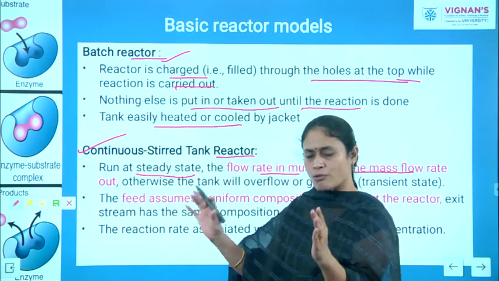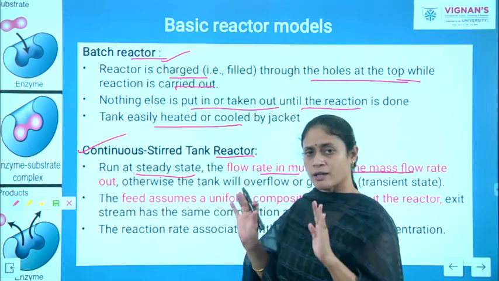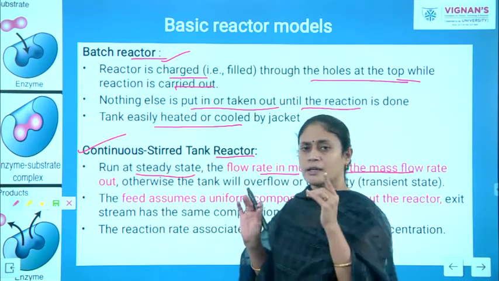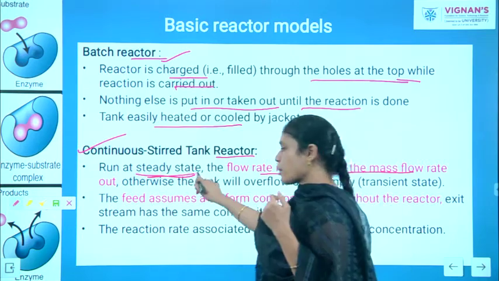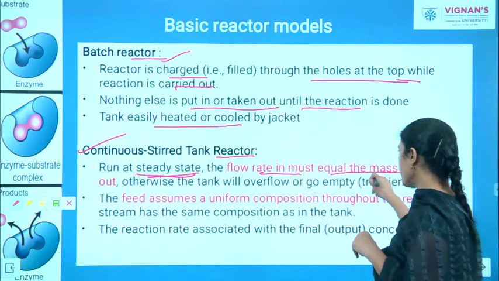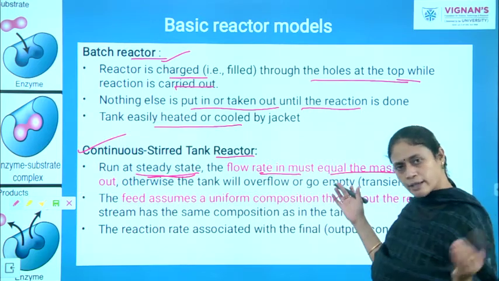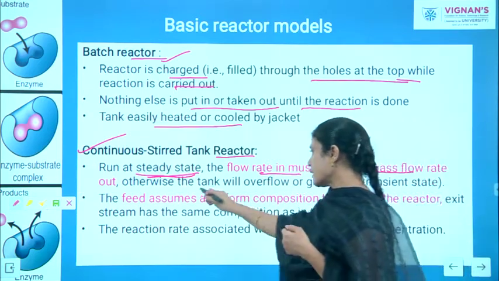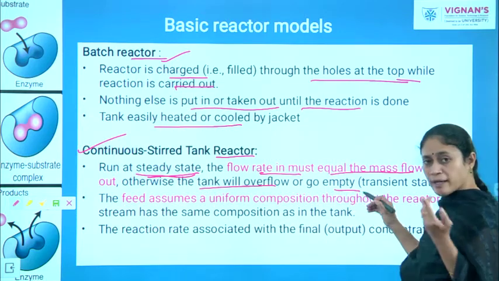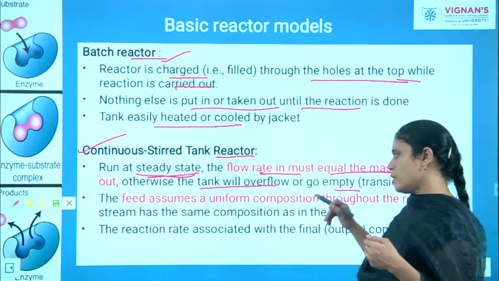Ultimately, the volume is constant in your reactor. A constant volume is maintained during your reaction process. The process is run at steady state and the flow rate in must be equal to the mass flow rate out of your system. Otherwise, the tank will overflow or sometimes it may get emptied also.